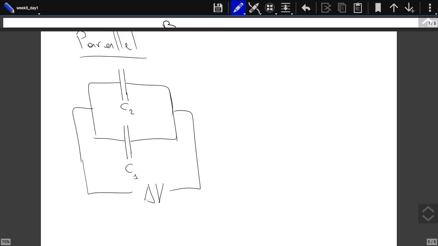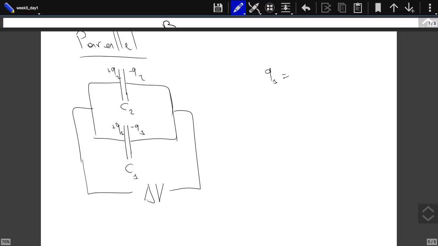I just connect these plates with the same wire, these plates with the same wire, and I apply a potential difference by some means between these 2 points. What is the potential difference between these 2 plates? It's the same, delta V. So what is the charge? This is, let's say, plus Q1, minus Q1. This is plus Q2, minus Q2.